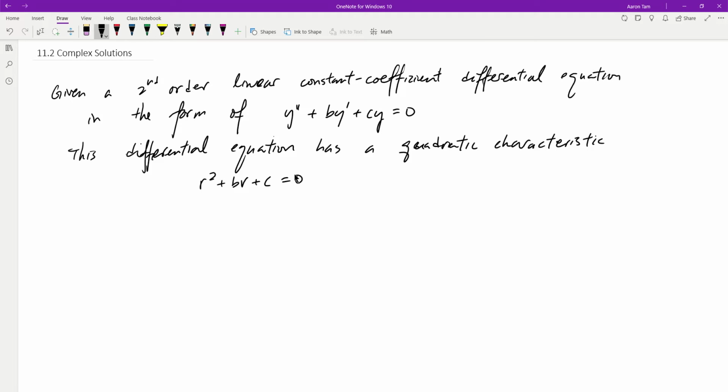And based on the fundamental theorem of algebra, this quadratic characteristic equation must have two roots.